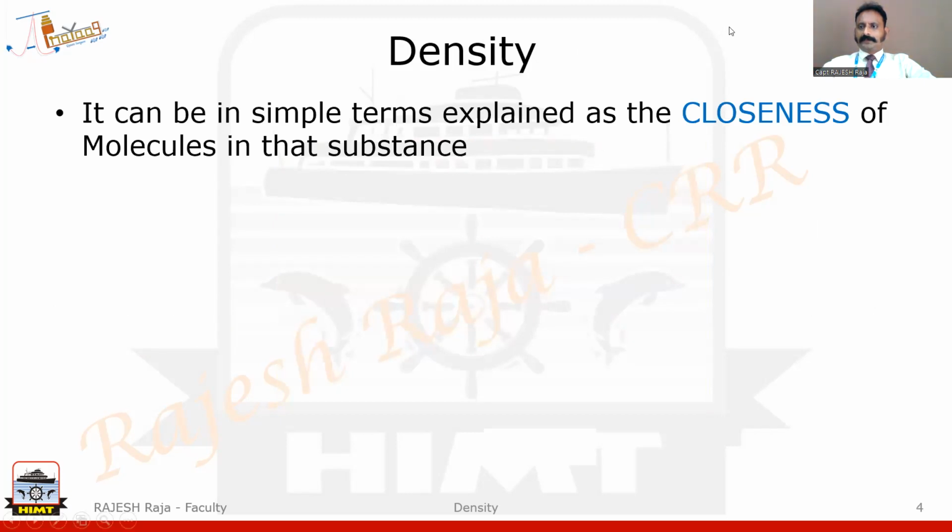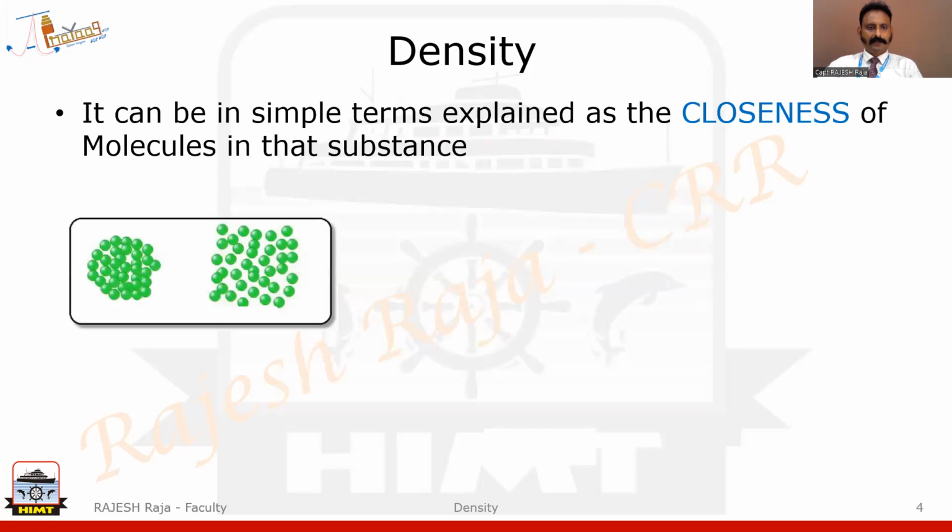If you ask me in very, very simple terms, I will not go very technical. The meaning of density can be explained by using closeness. I say the closeness of molecules of a substance can tell you what density is.